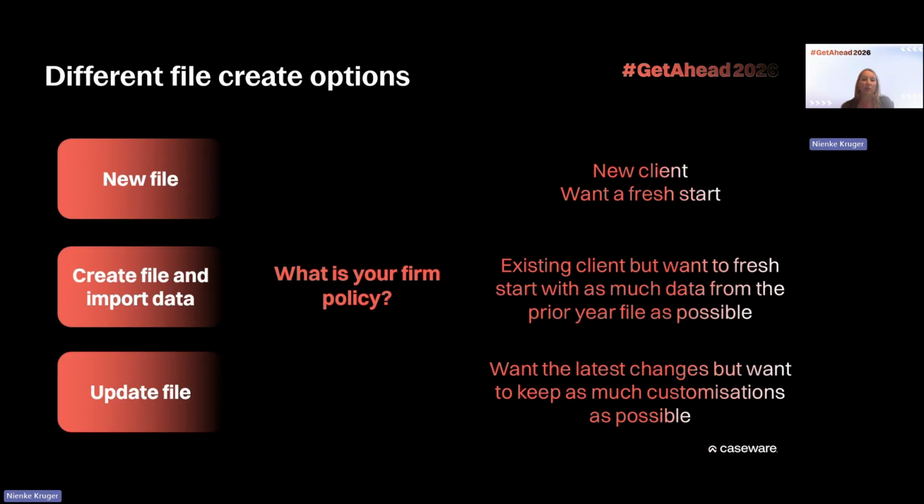The update file takes your existing file and just brings in the portions that are new in the template. So the processes are a little bit different, and therefore your customization will be retained on your update file, but on your create file and import data, it won't necessarily be retained because you are actually starting on a blank template.